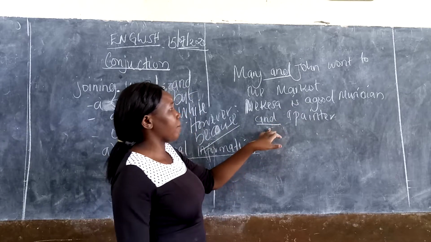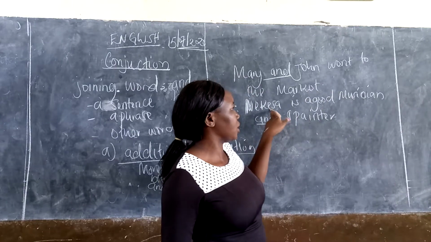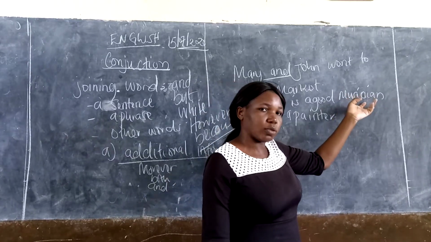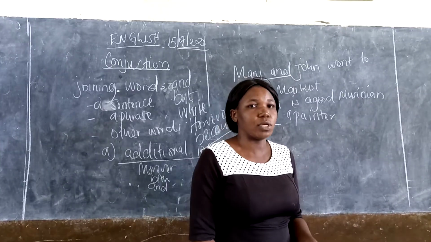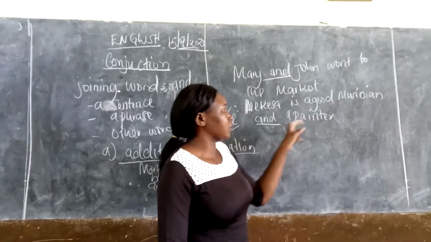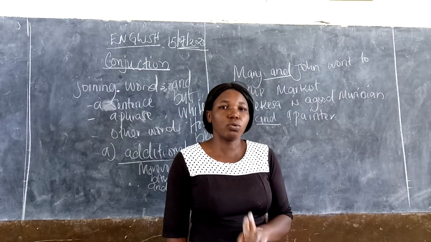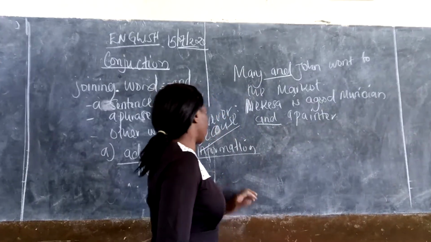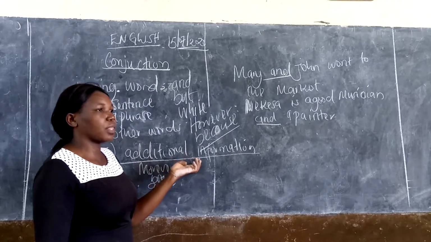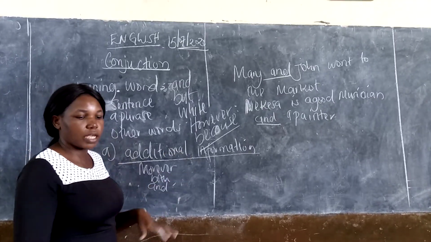Here we are talking about a musician and a painter, the same person. In addition to being a musician, Nekesa is also a painter. We are now adding these two things together. That is why I am saying additional: we are adding information. This is a type of conjunction, adding information.